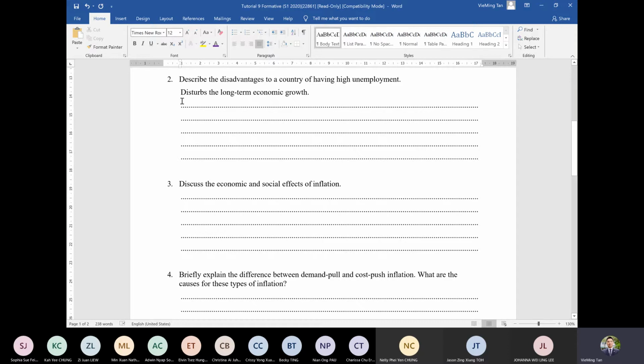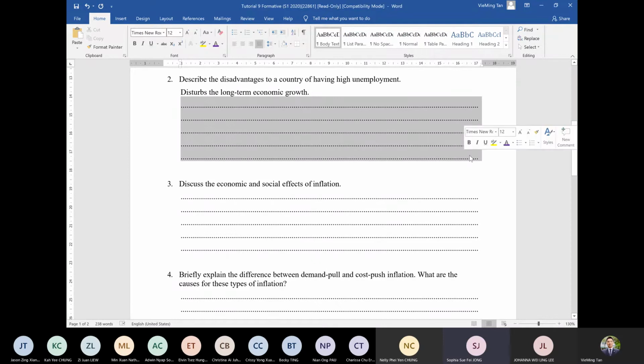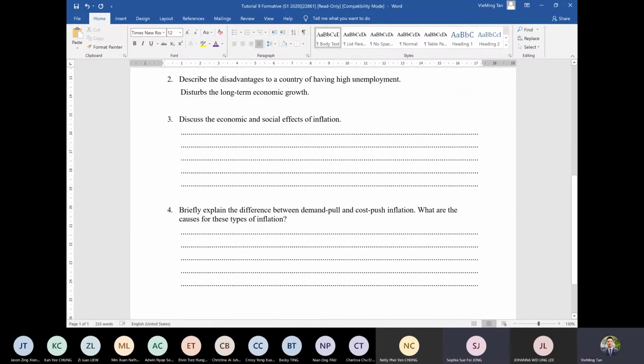And then what else? What are the negative impacts then, Sophia? Government has to spend on welfare payments for supporting the unemployed.